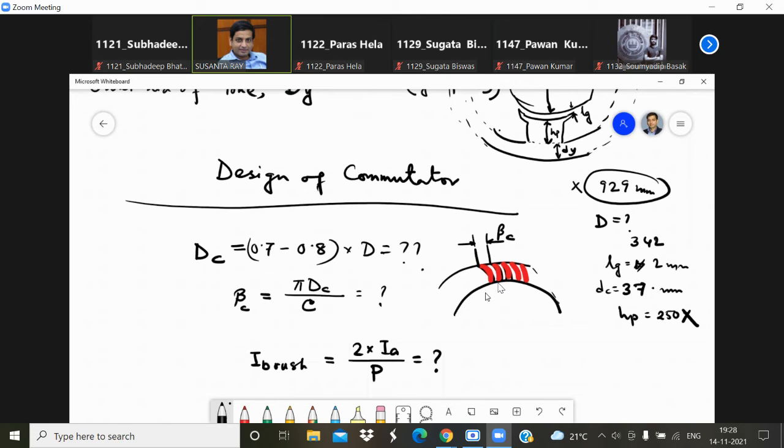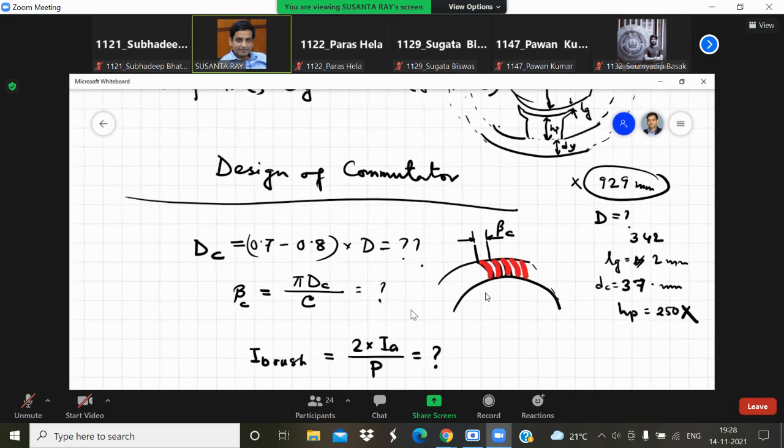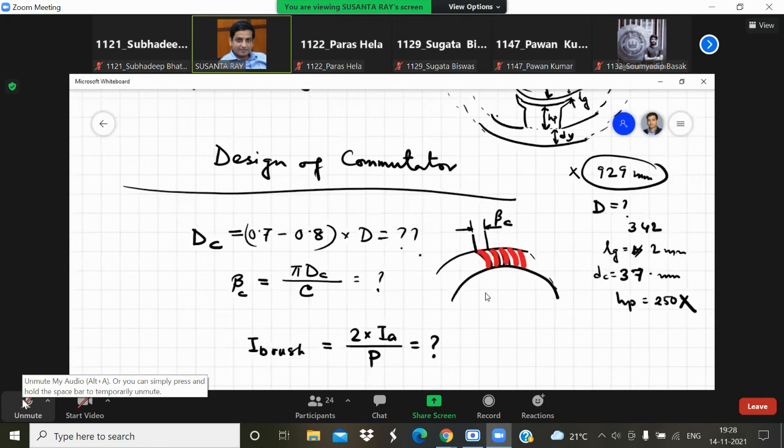How much current will flow through the brush? So the brush is like this.